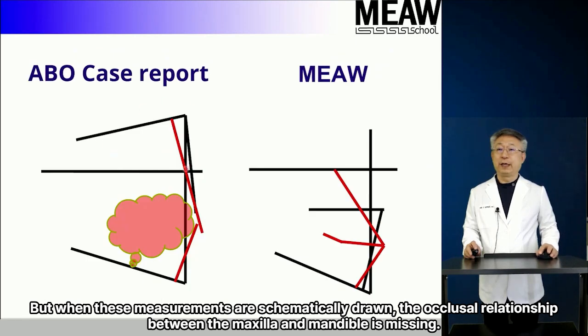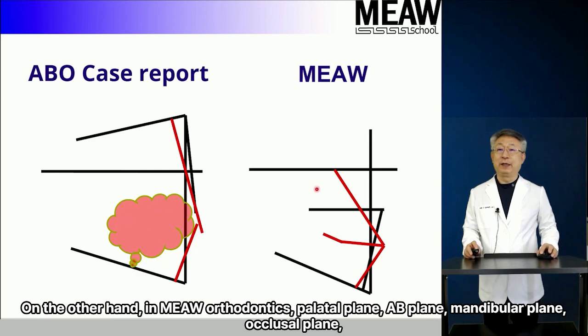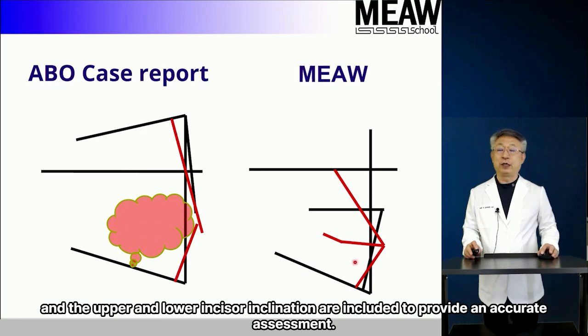But when these measurements are schematically drawn, the occlusal relationship between the maxilla and mandible is missing. On the other hand, in MEAW orthodontics, palatal plane, IB plane, mandibular plane, occlusal plane, and the upper and lower incisor inclination are included to provide an accurate assessment.